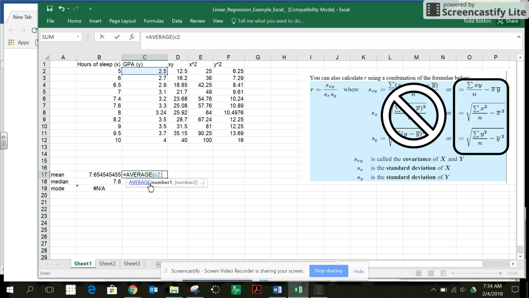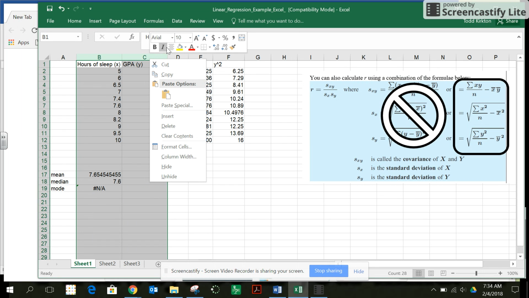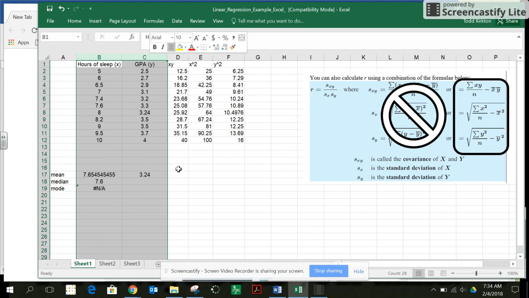So that'd be C2 to C12. Okay, so those are the things I need to calculate R using this formula up here. A couple things I'm going to do to clean this up a little bit. I want to center this just to make it look nicer.